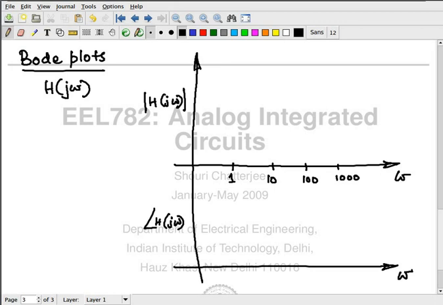If you remove this, if you say that I'm going to make a linear scale plot, you can't really draw a Bode plot at all. So this is the crucial thing. We are drawing ω, but it's in the log scale. We're not writing log of ω, just log scale. Alright? The second crucial thing is that the y-axis, or the magnitude, is also in the log scale.